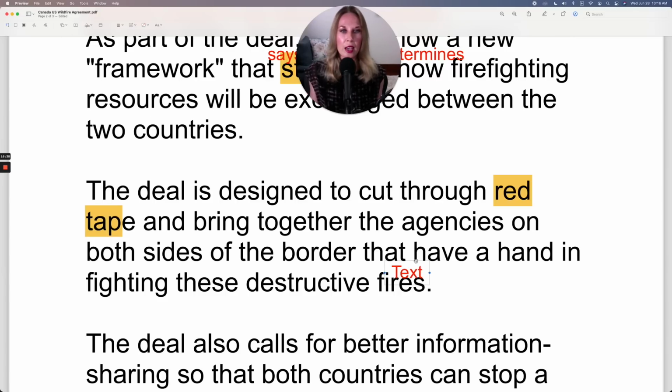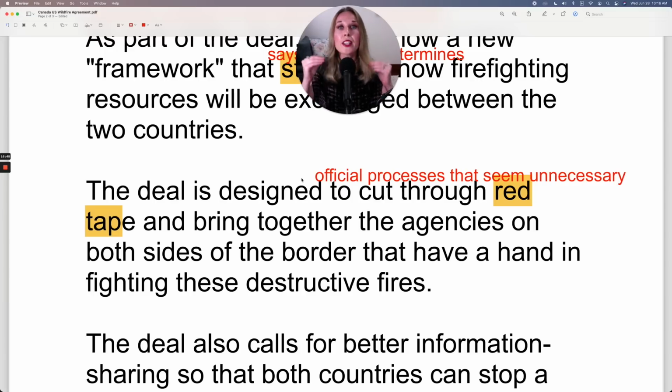So let me write that for you. And to cut through the red tape means to try to reduce it. So this deal is to try to make these processes work better, more efficient, more effective, and bring together the agencies on both sides of the border.